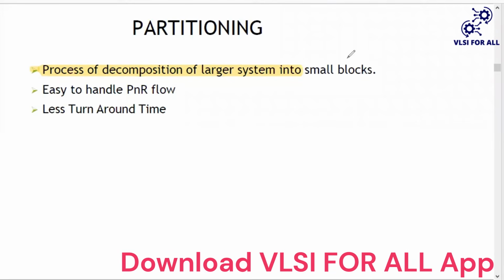The chip top team will be partitioning it into 4 sub levels: one sub level with 10 partitions, a second with 10, a third with 10, and a fourth with 10. So there are totally 40 blocks, handled by 4 persons. Those 4 persons are the sub level team.